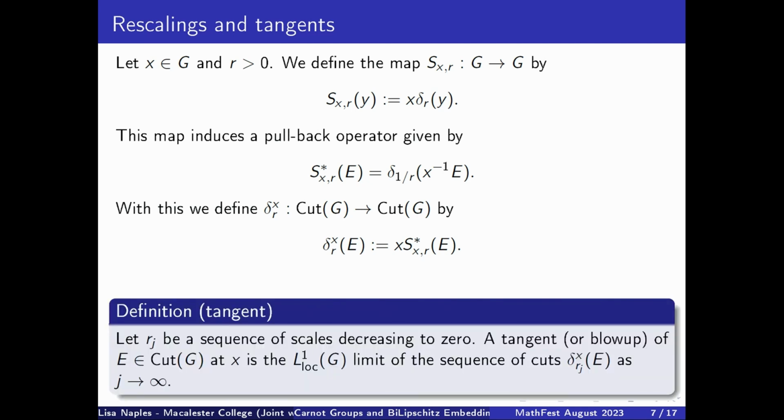And we say that a tangent is as follows. So we pick some sequence rj of scales that decrease to 0, and then a tangent of our cut E at x is just the L1 loc limit of the sequence of dilations of E as j goes to infinity. And so this is essentially similar to our definition of tangent in Euclidean space.